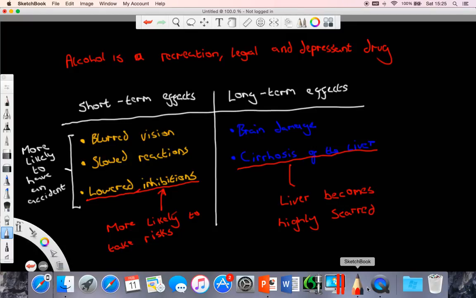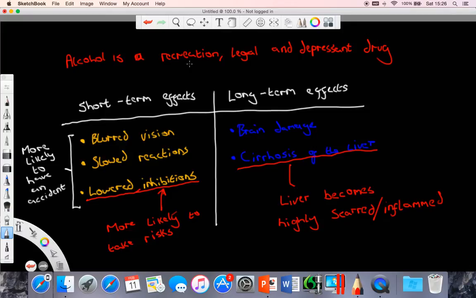Now, your liver, what it actually does is it cleans your blood. Okay? As your blood flows around your body, it cleans it. It's also used in protein synthesis for those of you that have done B2. Okay? Now, cirrhosis of the liver means that your liver becomes really scarred and inflamed. So it swells, okay? And what this means is it can no longer clean your blood as well.